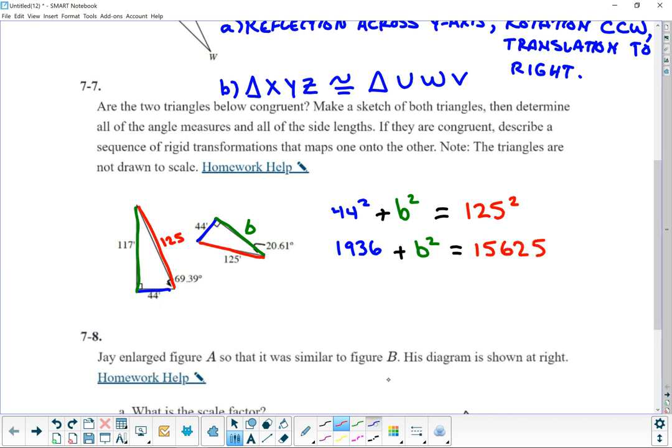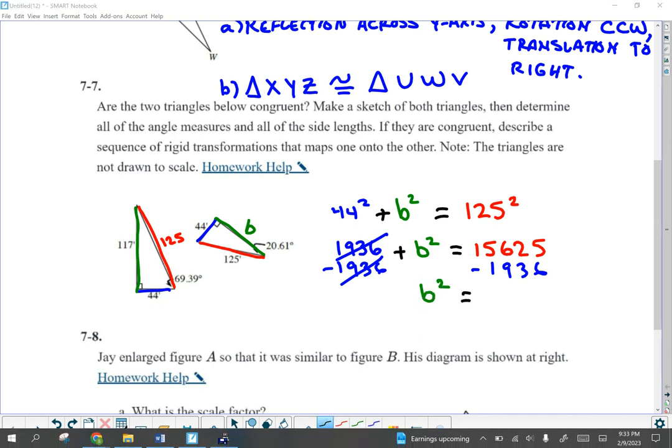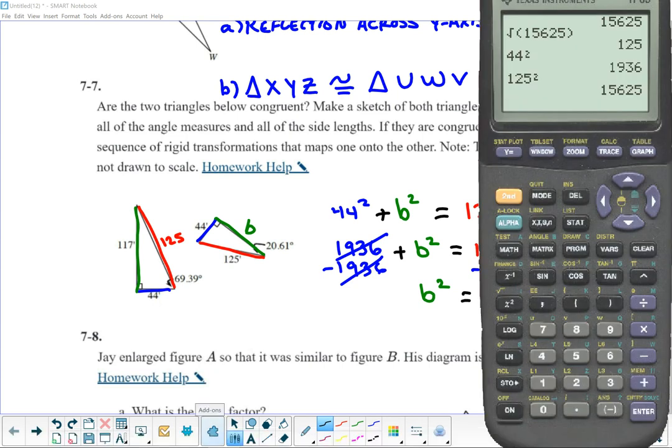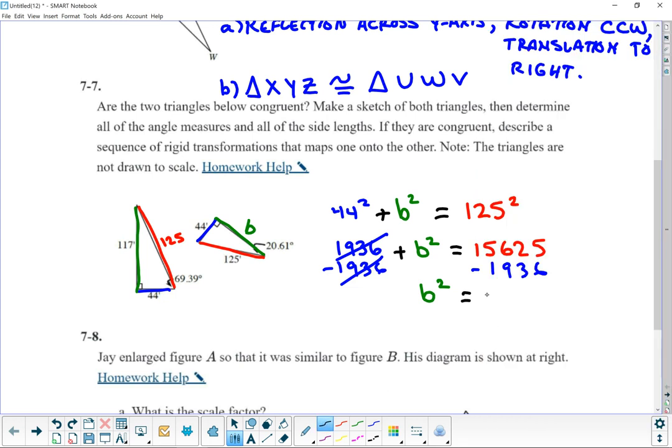Right, now to solve for b, I have to subtract 1936 from both sides. These are going to cancel, and it's going to leave me with b squared. So now I just get to figure out my calculator: 15,625, and I'm going to take away 1936. That's going to leave me with 13,689.